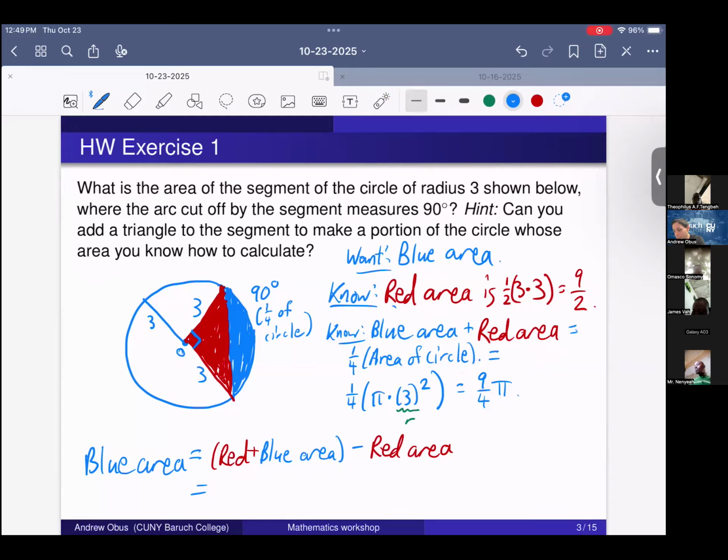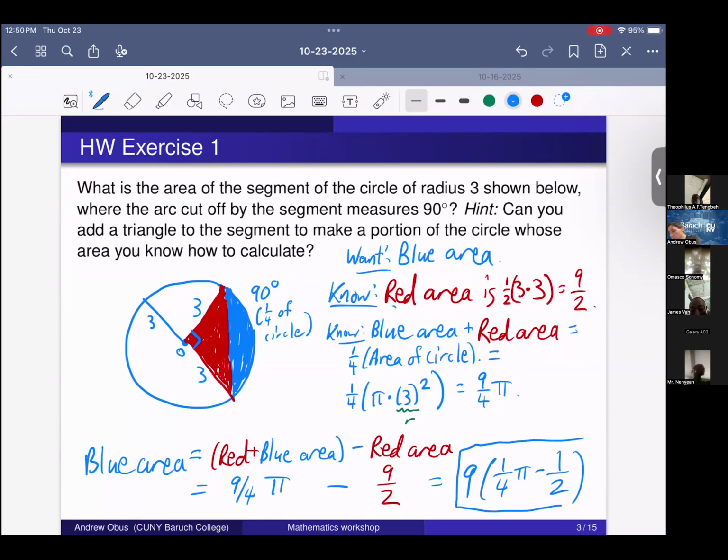We figured that out. It's 9/4 pi. And then minus the red area, so that's 9/2. And so that's the final answer. If you want to simplify it by pulling out a 9, you can. It's not very important. You could write this as 9 times 1/4 pi minus 1/2, and you can leave this as the answer.